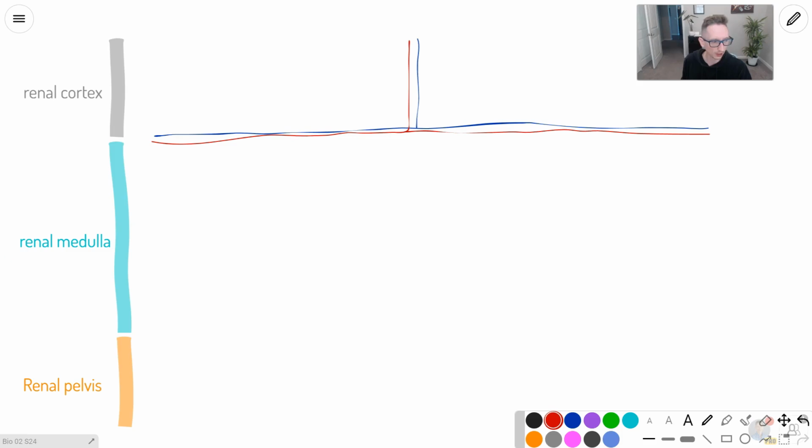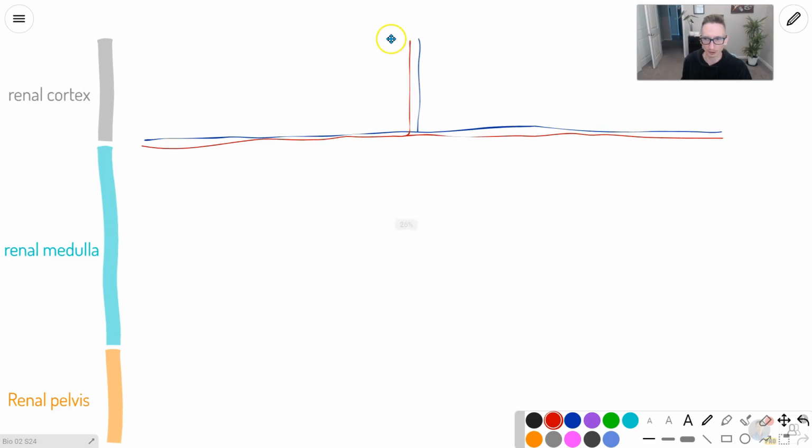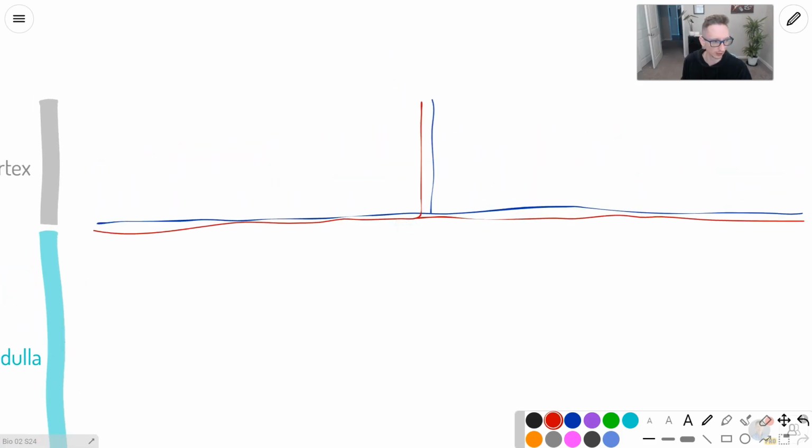Now we're going to draw the actual nephron, and we're going to draw two of these just so you get a different idea of these. So coming up off of this structure, the kidney's got to filter the blood, get rid of the things we don't want, keep the things we do want.